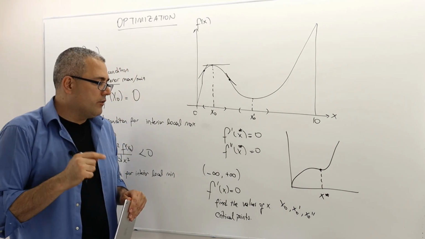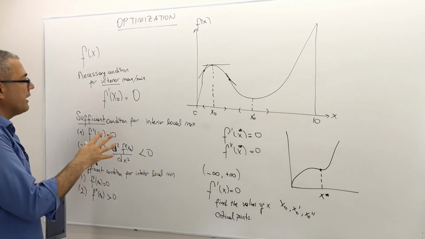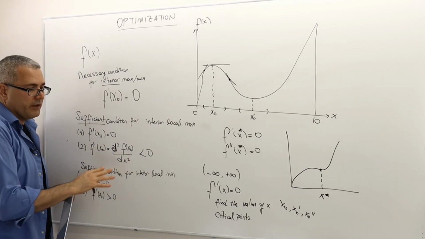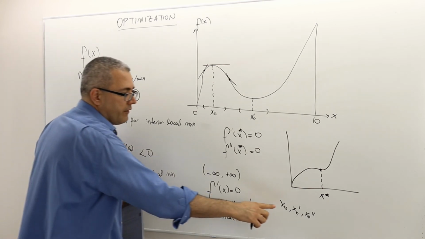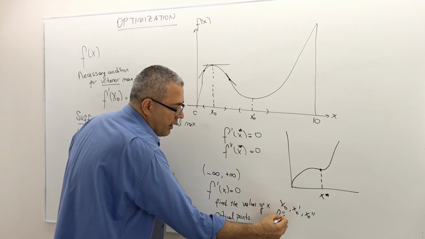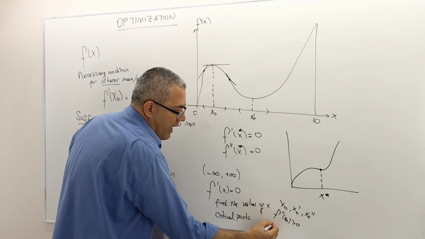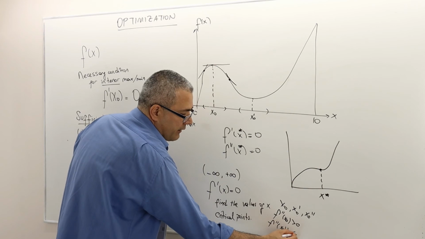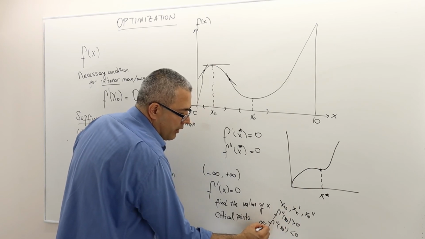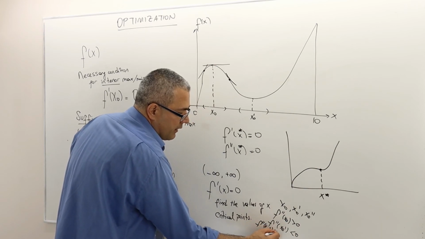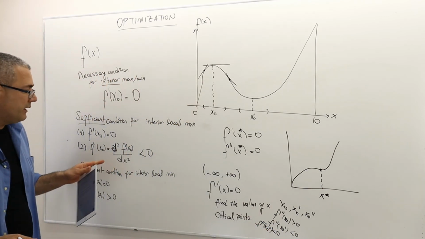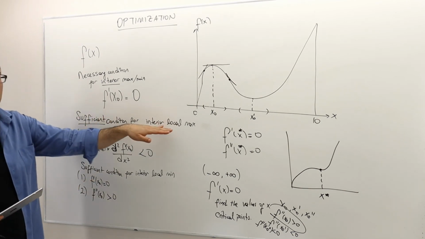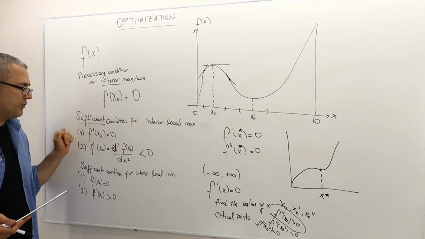Then, if you're seeking a global max, look at the second derivatives. Suppose f double prime of x naught prime is positive, and the other one, f double prime of x naught double prime, is negative. In that case, x naught prime is not a local max, because remember, it's a sufficient condition.